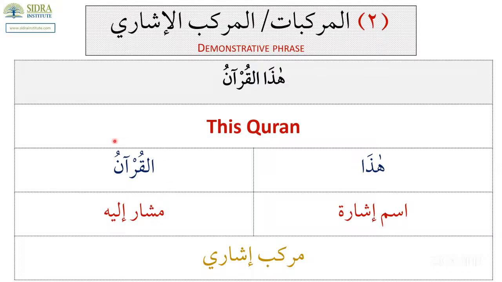And if you were to put your hand over the word al-Quran and mention hada, it's still referring to what you want to refer to, meaning the Quran. So that's why in the Arab kitabs, they don't actually label it as Ismul Ishara and Al-Quran as Mushar ilayh. But for the purpose of Tarkeeb, I just mentioned it as Ismul Ishara and Mushar ilayh. Otherwise, when you look into the Arab kitabs, it will say Hada is Mubdalun Min and Al-Quran is the what?